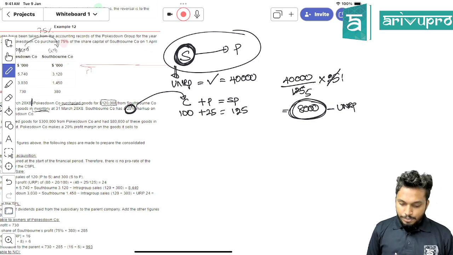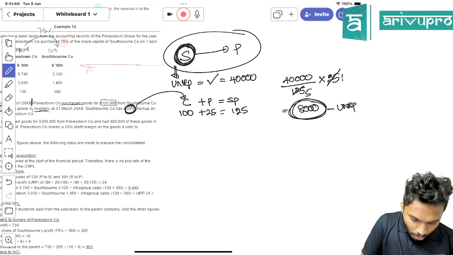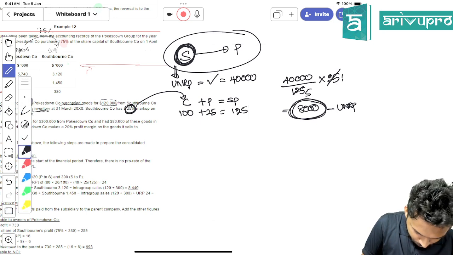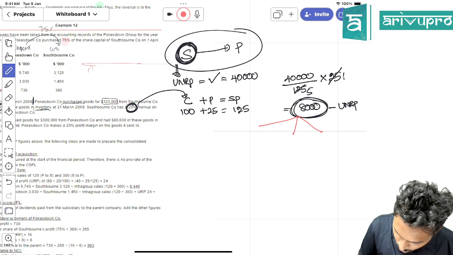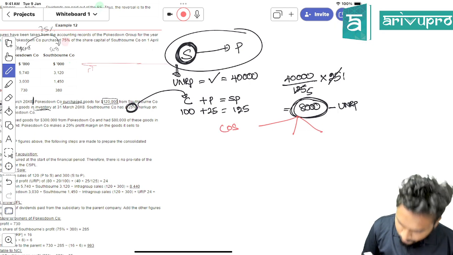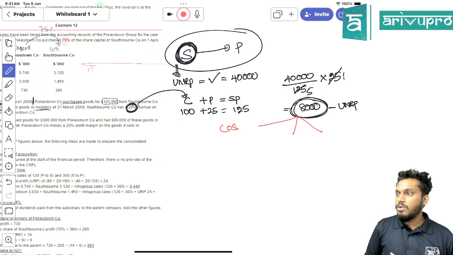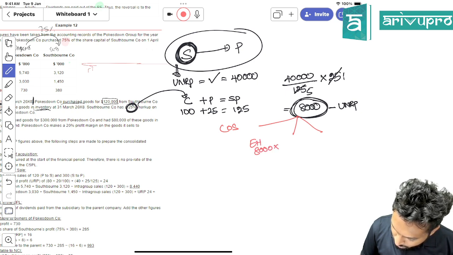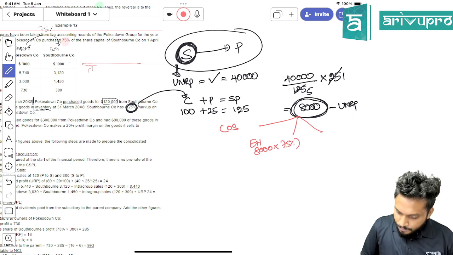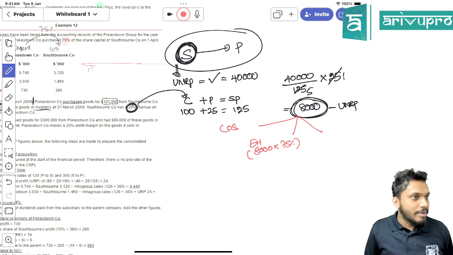This unrealized profit needs a few adjustments. One adjustment: you need to reduce your cost of sales. Then for equity holders, this 8,000 will be split, with 75% going to the parent, because the subsidiary is selling to the parent.